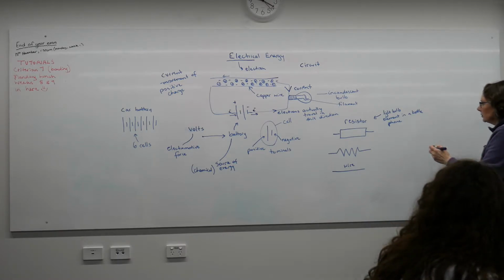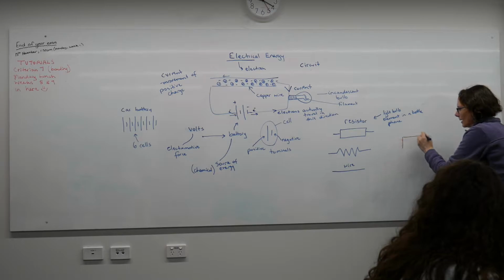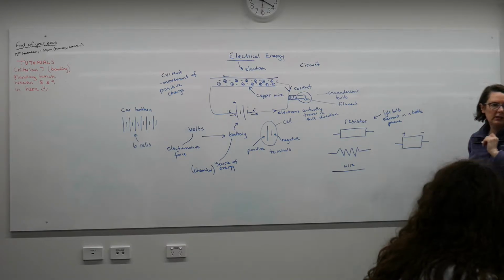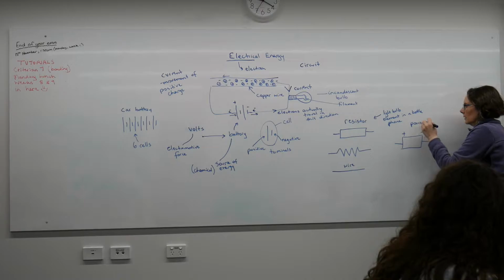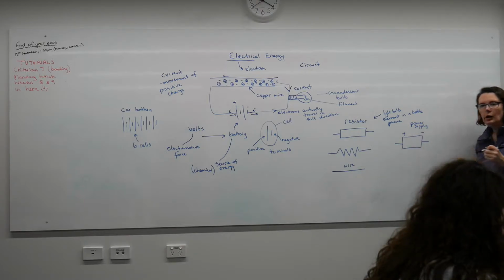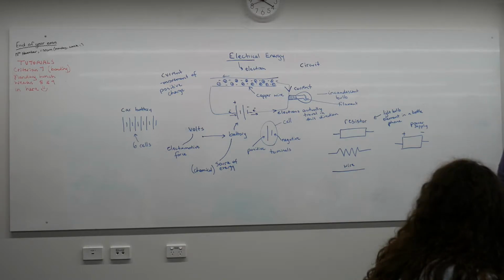We could also have a power pack, and it might be represented like that. And we know that it's the power supply because it's got the positive and negative signs on the corners to tell us which end's which.